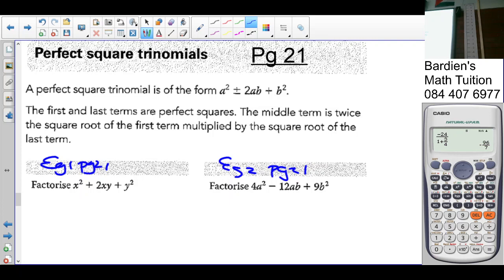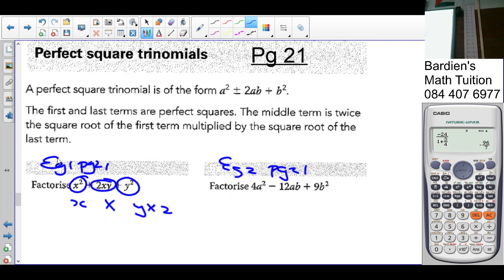X. What's the square root of y squared? Y. So the first term and the last term are perfect squares. So that was x and that was y. So what is x times y times 2? 2xy. So this is an example of a perfect square trinomial.